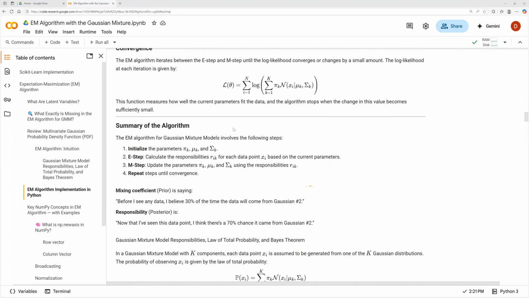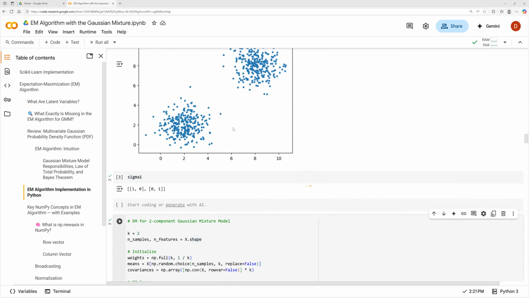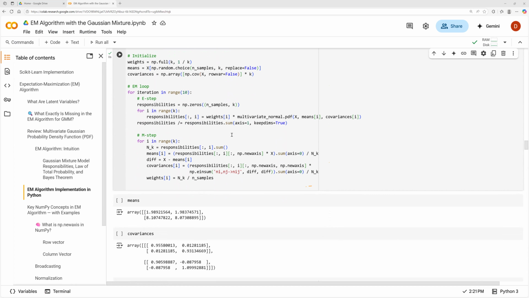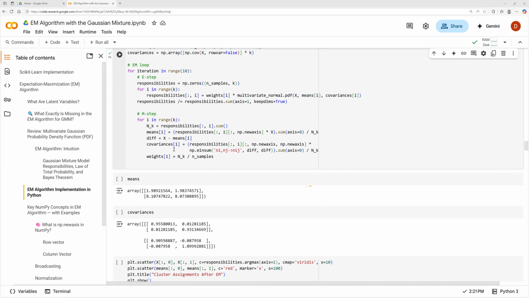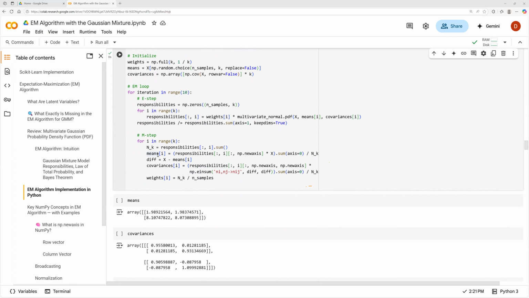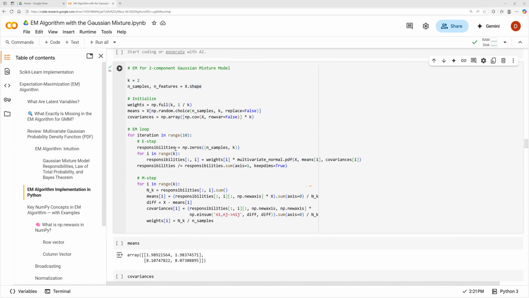So there's the math, and if we want to do this from scratch, we have to implement it in code. And that's what we're doing here. What you can see is this np.newaxis times X. We basically have to rearrange the dimensions, and I'll be showing this very shortly, but I'm giving you the overall high level view of the code. We want to update the means and the covariances and the weights in the M step. In the E step, we take care of the responsibilities.